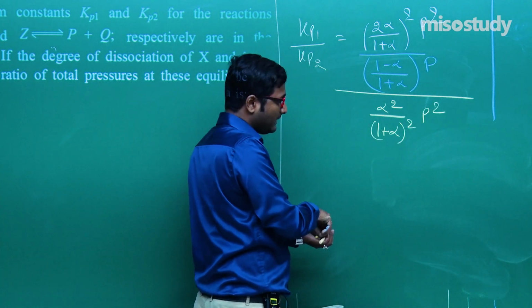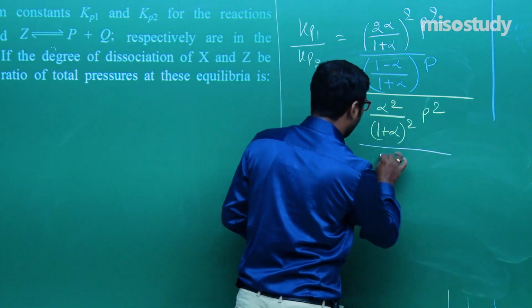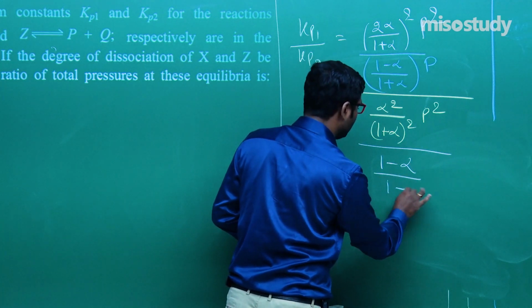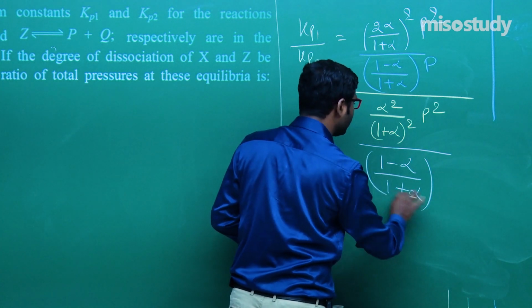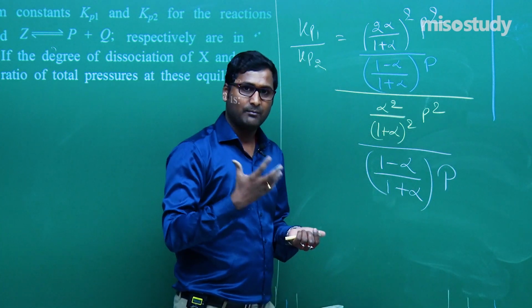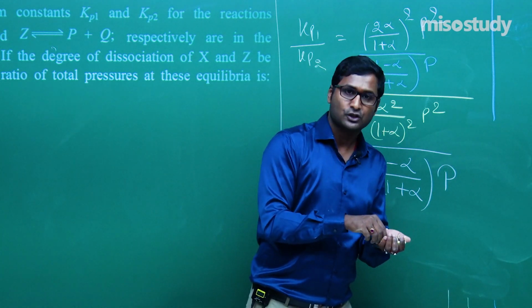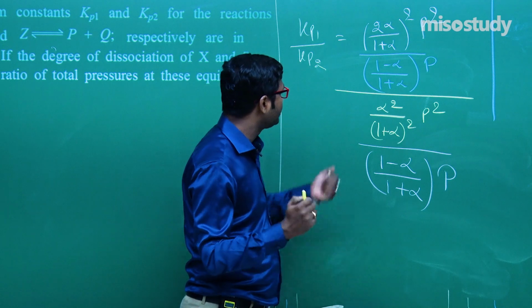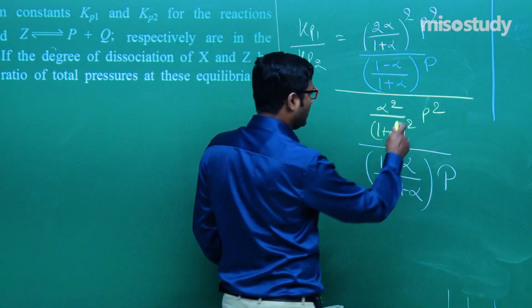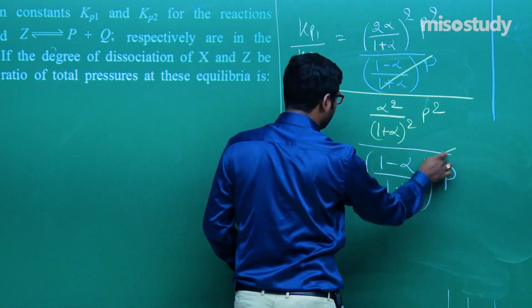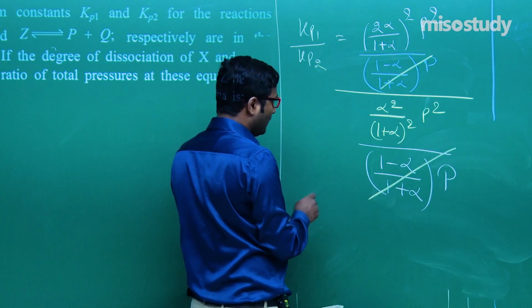That's clear. Now here put 1 minus alpha into 1 plus alpha. Don't worry, this is JEE Advanced friend. I am taking a best question from my wallet. Okay, now this will cancel this one. Now what will happen?